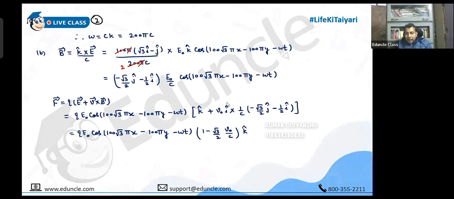Please check everyone, because i cross i will give you 0, and only k cap components will be there, and both will get subtracted.